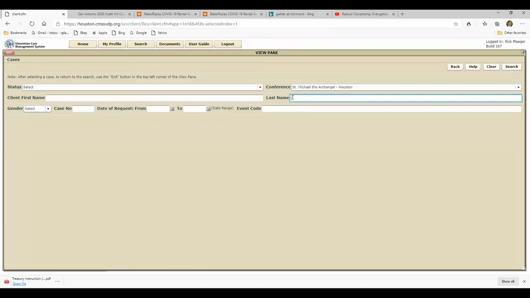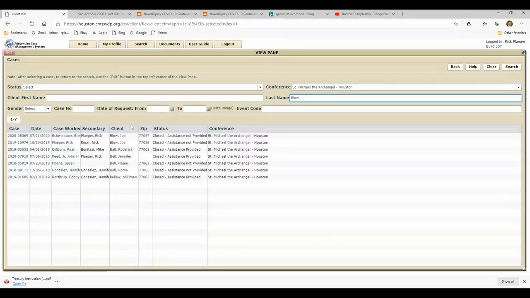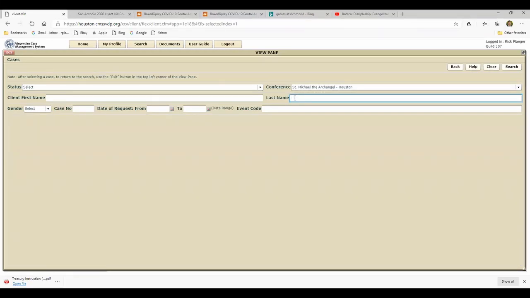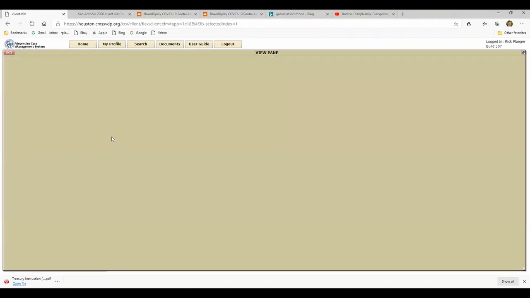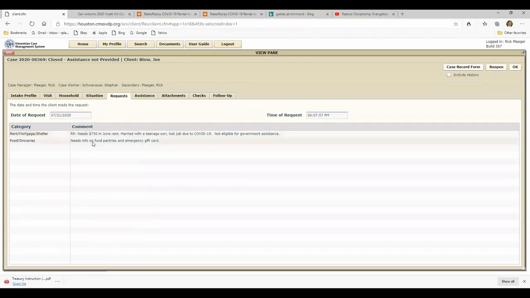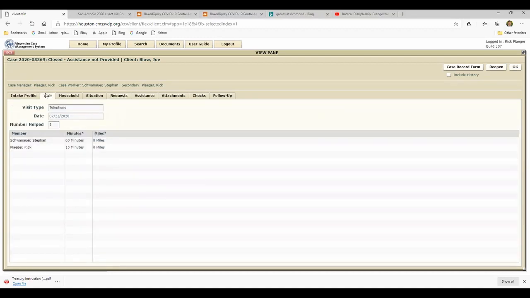You can put the entire last name in search to get Joe Blow, or if you don't know the exact spelling of the last name, you can put a % and do a search, and you can quickly check this case to see who it was assigned to. Sometimes you don't even need to click into the case because it was showing when you did the search who it was assigned to, but this will show you who did the home visit. It shows you who the case manager, caseworker, secondary is.